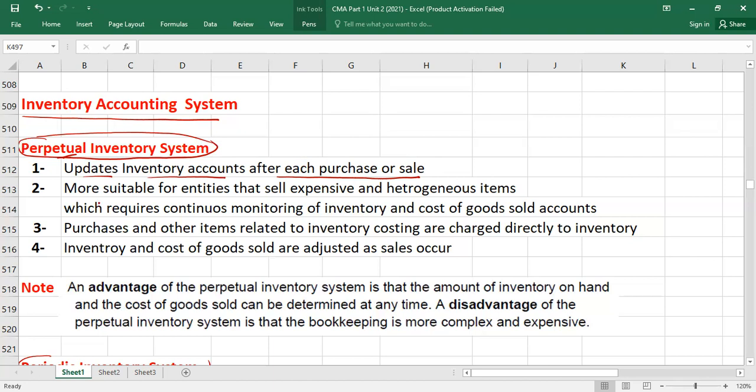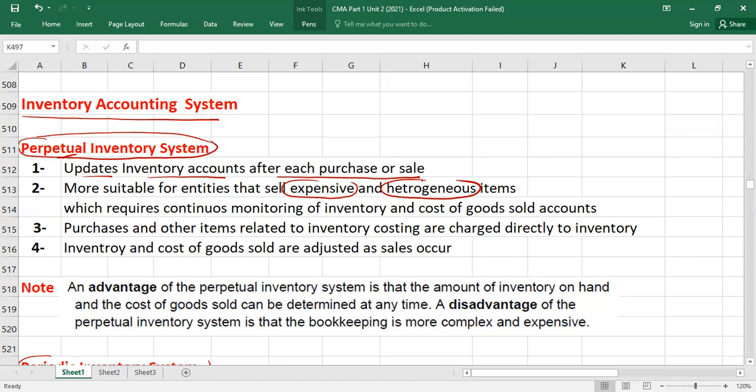Point number 2, this system is more suitable if you are dealing with expensive and heterogeneous products. For example, you're dealing with cars. You are the accountant or inventory controller there. So you have different cars, items that are expensive and also heterogeneous, because different types of cars are there.